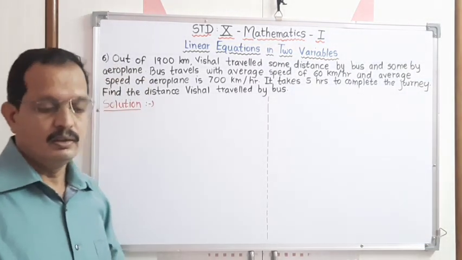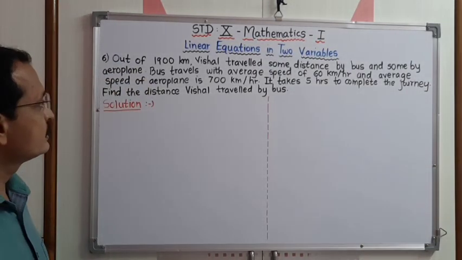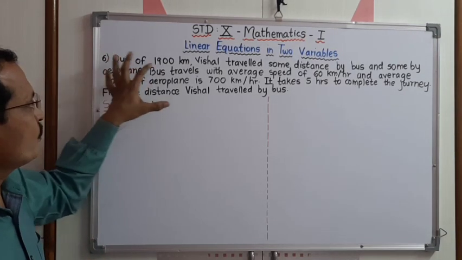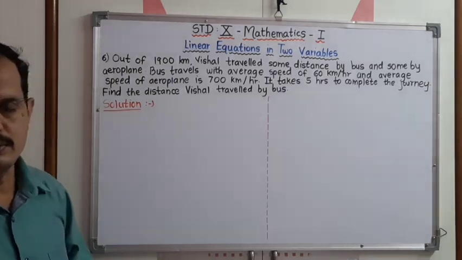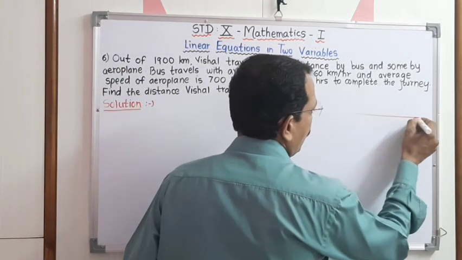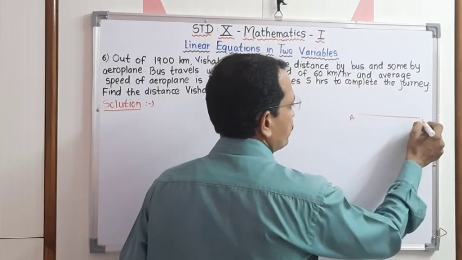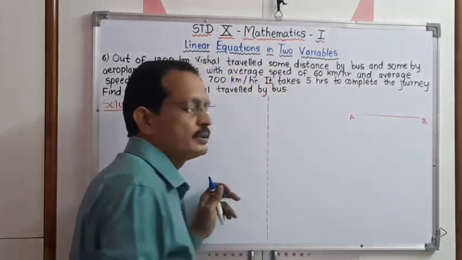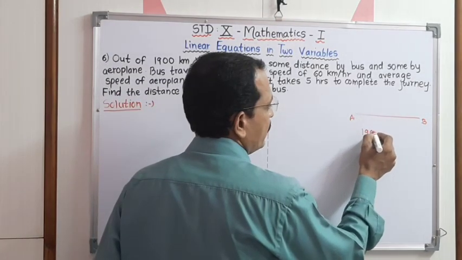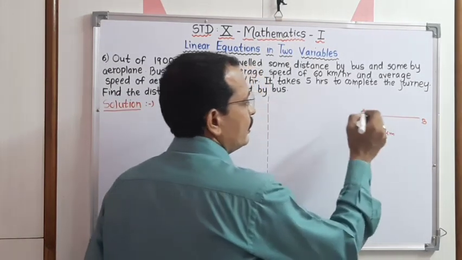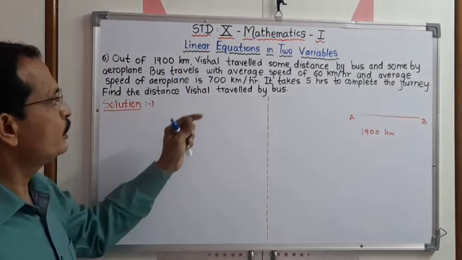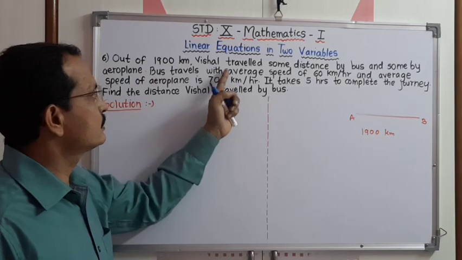Now, dear student, see here. Out of 1900 km, suppose A to B, the distance A to B is 1900 km. To travel from A to B, we shall use two vehicles.